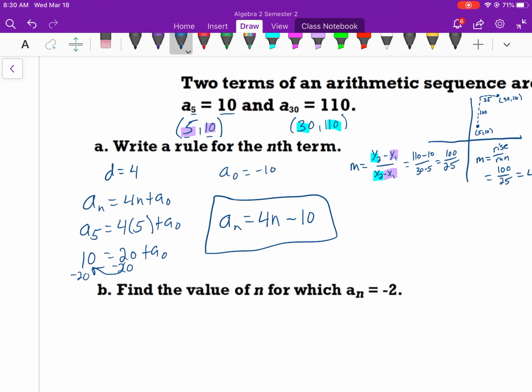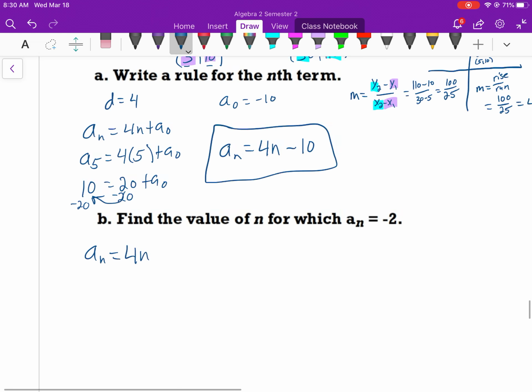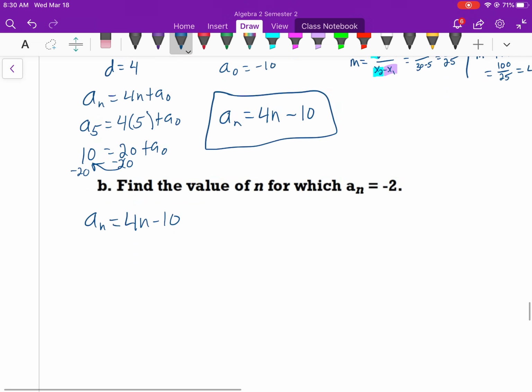Now, find the value of n for which a sub n is negative 2. So we're not sure what n is quite yet. So again, if we have a sub n is equal to 4n minus 10, I know a sub n is negative 2. So I'm just going to replace that part right there with negative 2.